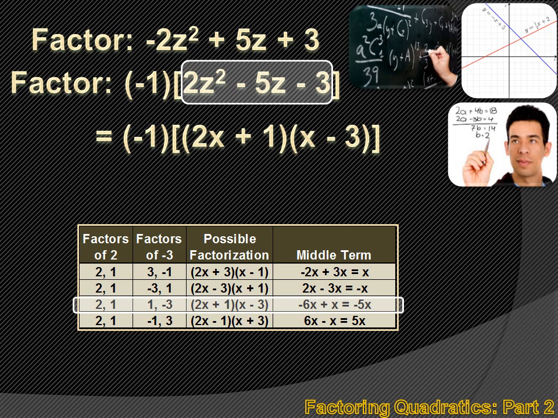But I've got a minus 1 in front of that because all I did was factor the last part of this and I didn't touch this minus 1. So I got to bring this minus 1 down, and I could simplify that to just minus 2x plus 1 times x minus 3.